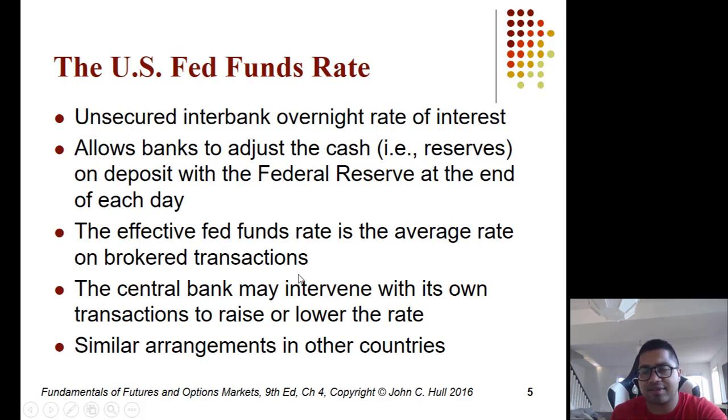So these transactions are brokered. So an average is calculated on which bank borrowed from which and all those things. The central banks may intervene with their own transactions to lower the rate or increase the rate. So whenever we say that the central bank is intervening in money markets, the central bank will lend or borrow on its own at a preferable rate to either increase or decrease the interest rates.